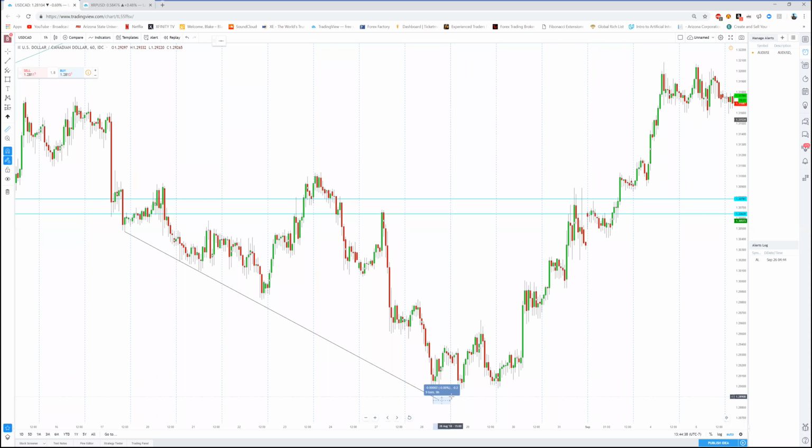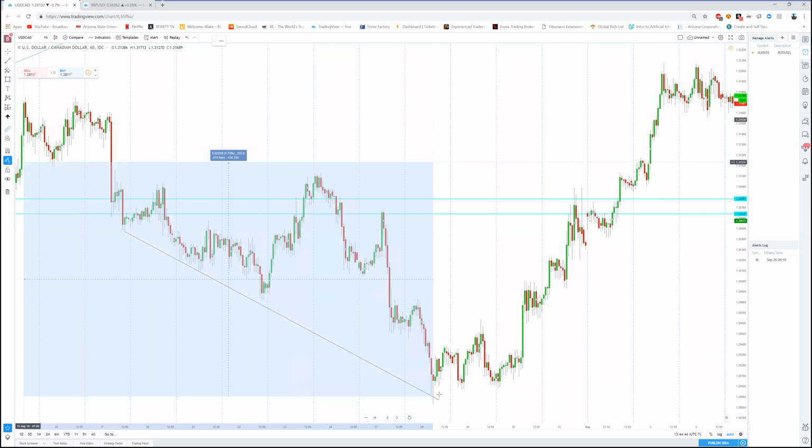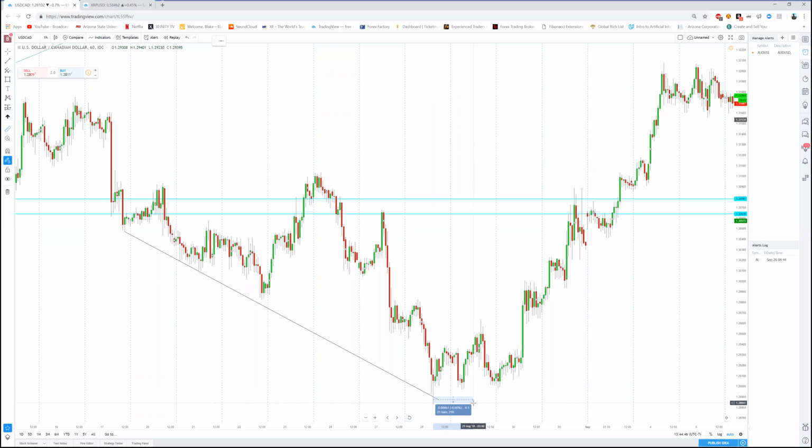It's 0.2, I think. Wait, let's turn off magnet tool for just a sec, because I think that's a little low. Okay, my bad. It's a 6 or 7 pip drawdown if you were to enter right on the trend line. Again, we use this and this point as our extension, and this is our anchor.